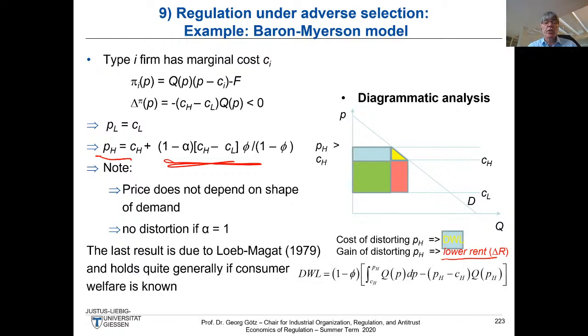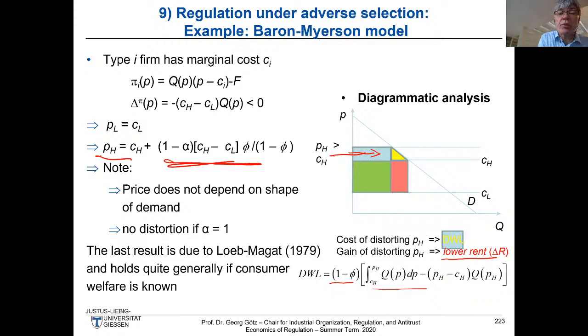Okay, and here I just did that in formal terms. Downward, this would be just this trapezoid here, this integral, and it applies with probability. So you have this distortion with probability 1 minus phi.